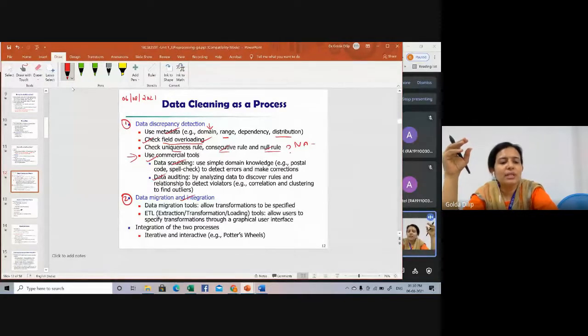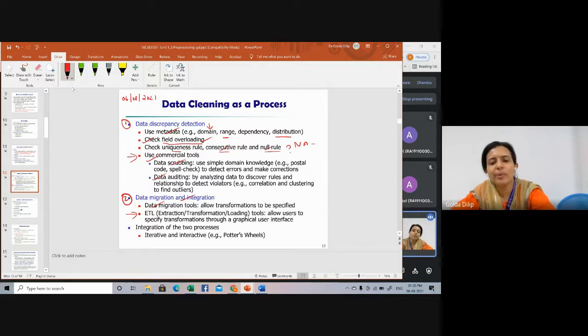Transformation is generally done as a batch process, while the user waits without feedback. Commercial data migration tools are available, a series of tools called ETL tools: extraction, transformation, and loading tools. These allow users to specify the transformations using a GUI, graphical user interface, so it can be interactive and iterative.